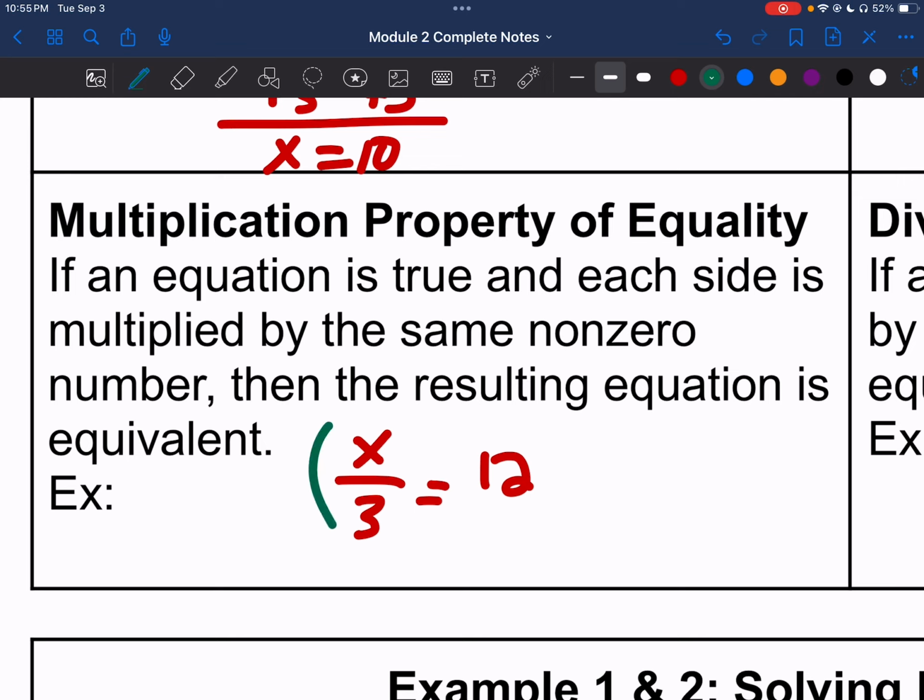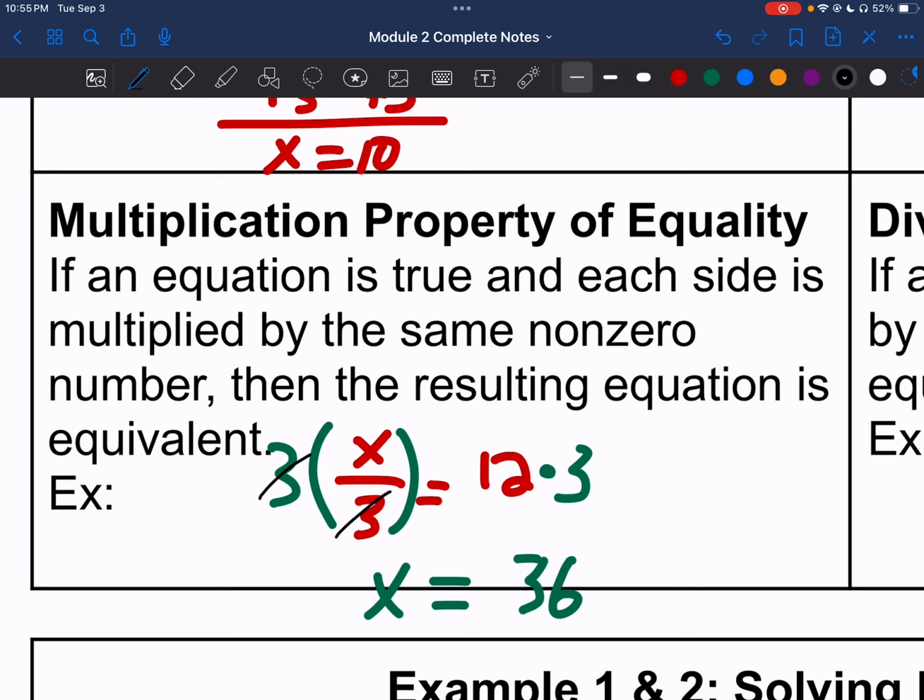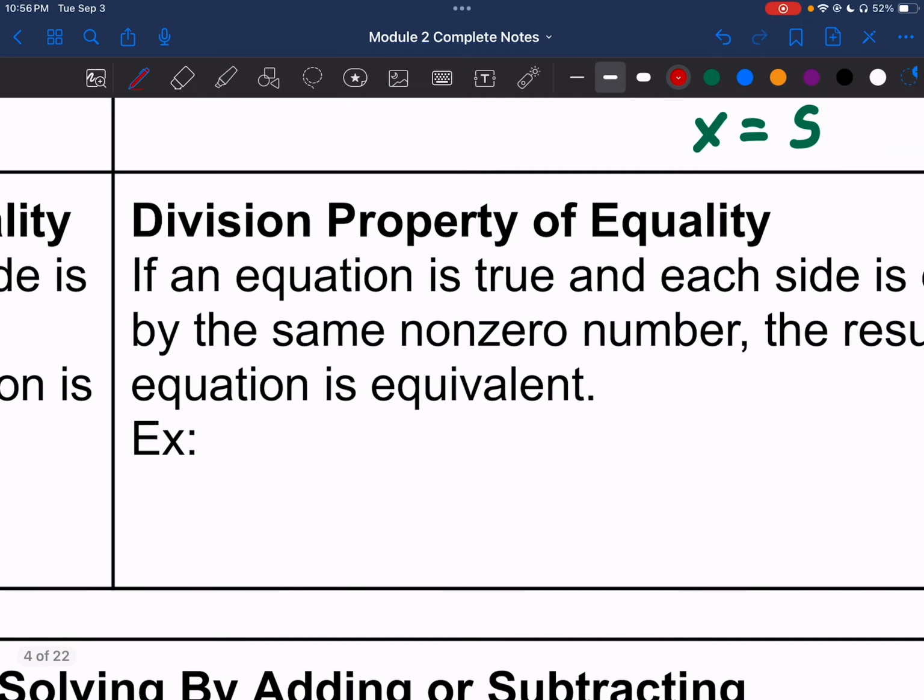So if we multiply both sides by 3, for example, we're going to get the equivalent expression that x is going to be equal to 36. Right? We multiply both sides of the equation by the exact same amount, and our 3's cancel out, and we're left with x on the left side. So this is how we go about solving equations. We work with opposite operations.